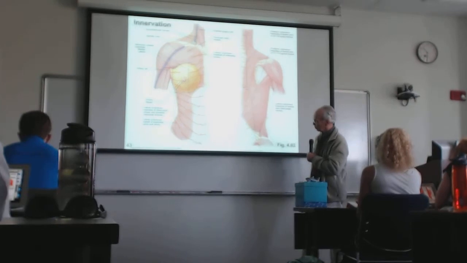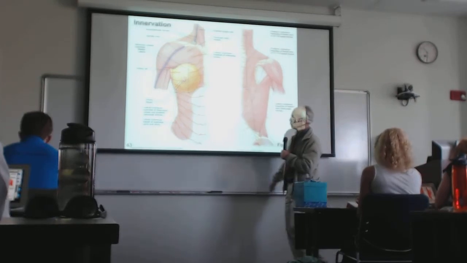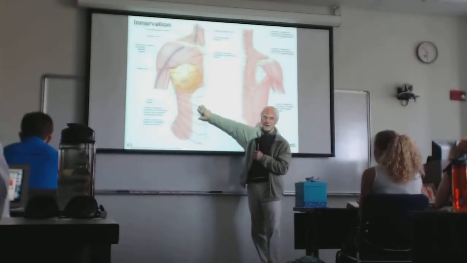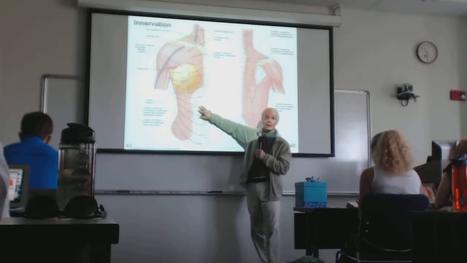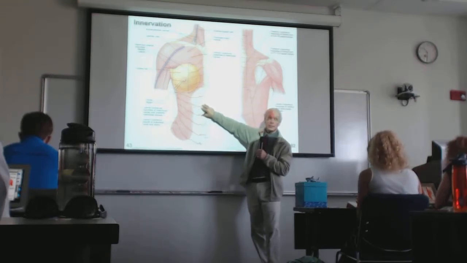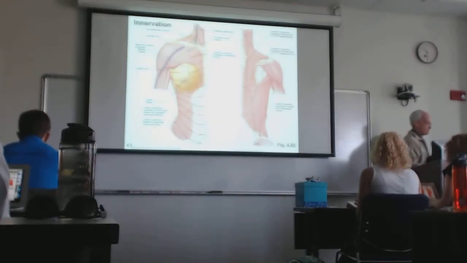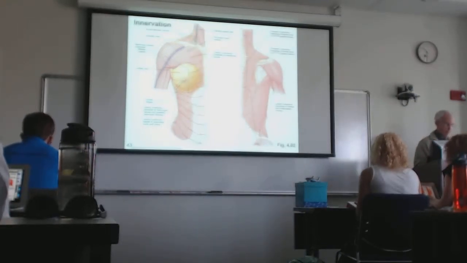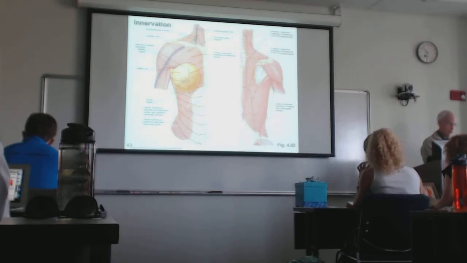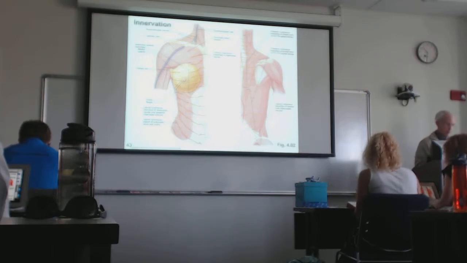You've already seen that before, but we'll go over it again. I just want you to see how delicate or how problematic any type of surgical procedure would be in traversing all of this. And then, of course, posteriorly, the dorsal ramus is going to give rise to these cutaneous nerves back here.